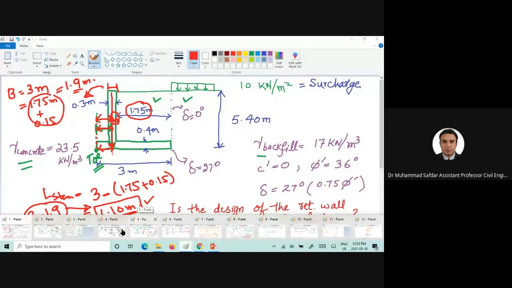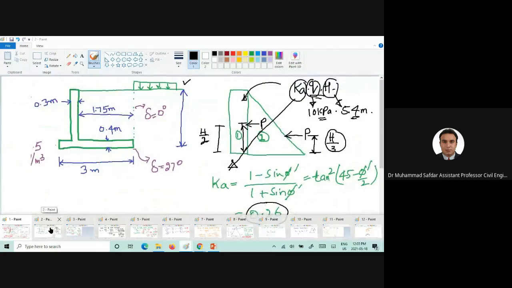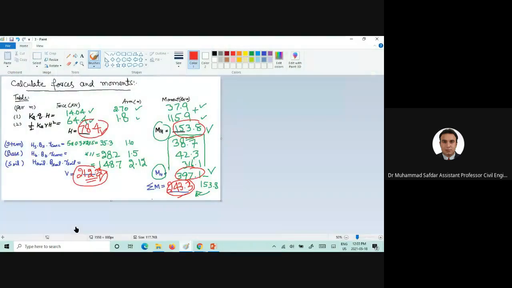So the first step here, I would just give you an overview again. We need to calculate the forces and the moments here. Then we will find out the moments due to horizontal forces and the moments due to the vertical forces.